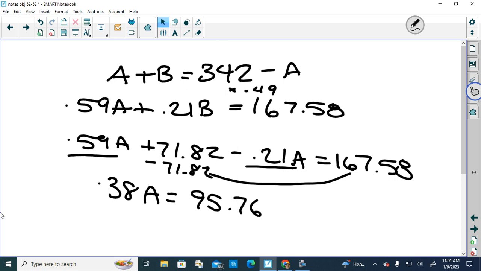You still good? And then you're going to put this number in first, divided by 0.38. That was it? You had 96? 96.14. That must have been it. It's 252. So you should type in your calculator again. 95.76 divided by 0.38 is 252.